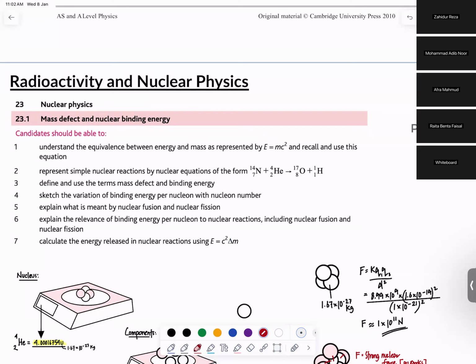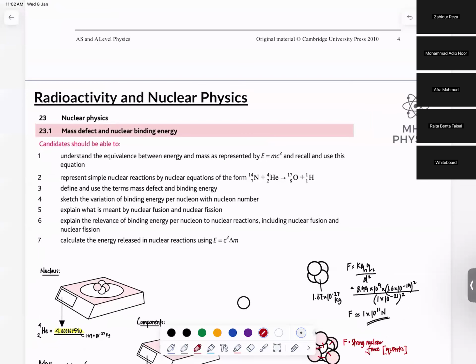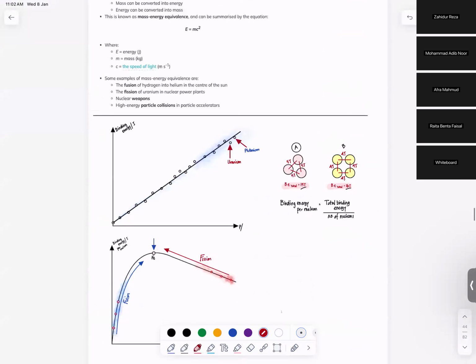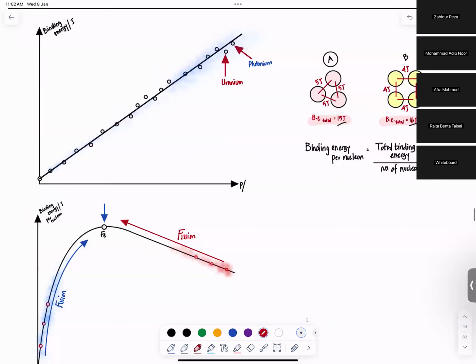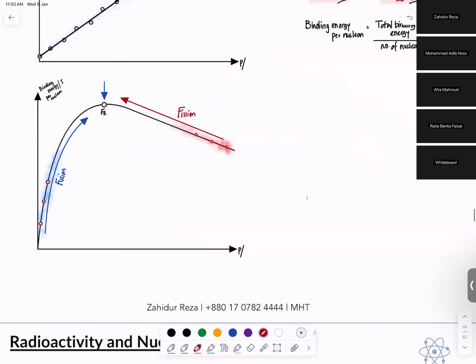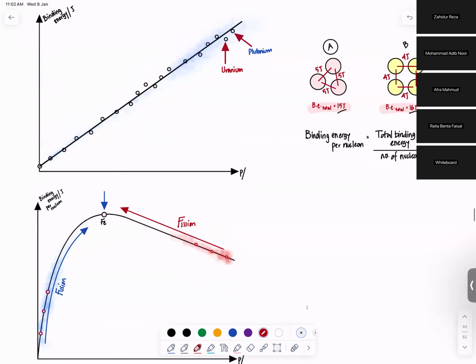This is a math that we will do. And calculate the energy release in nuclear reactions using E equals mc square. So that we will do as well. It's like the math. So mainly the essence of the chapter is what I just showed you so far. Okay. So yeah, this is the logic here between the binding energy per nucleon and nucleon number. If you have questions on this, let me clarify.